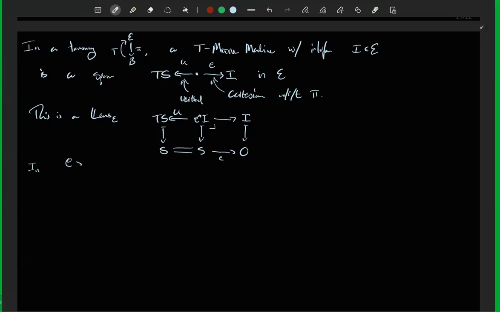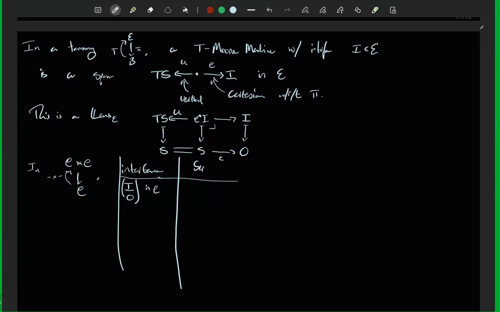In C semi-direct product C, the simple fibration over C with the diagonal, an interface is a pair I, O, both in C, and the system is going to be two maps, a lens as we've described before, U, E, S, S, I, O. E goes from S to O, and U goes from S times I to S.